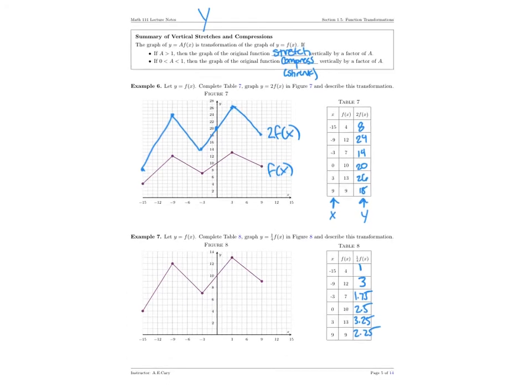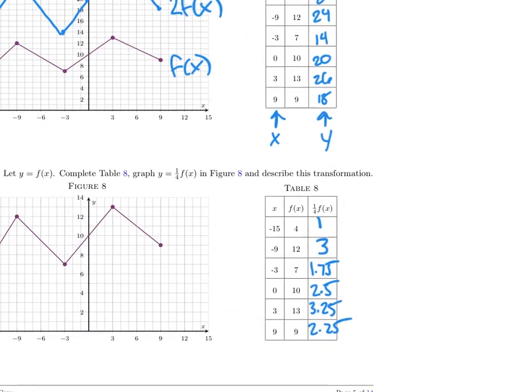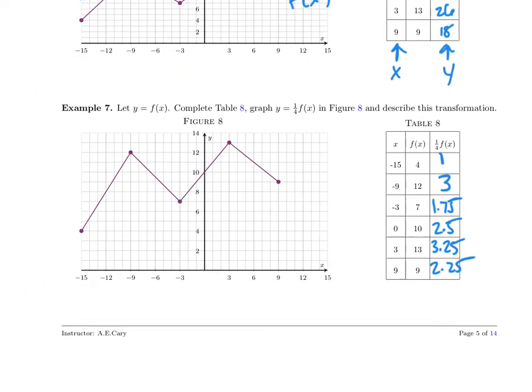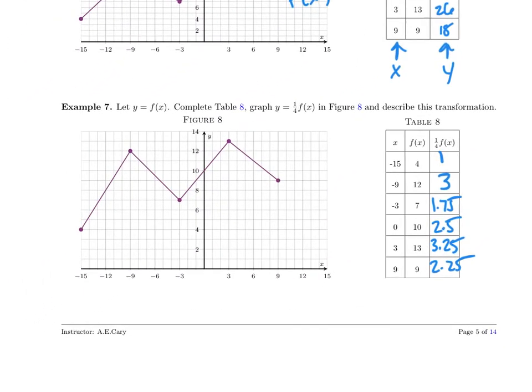I am, however, going to zoom in just because it's difficult to graph from that far away. So let's see. This is our original f of x graph. If we use these x values and these y values, our graph is going to look something like this. That'll be at 3. And then we get into the decimals.